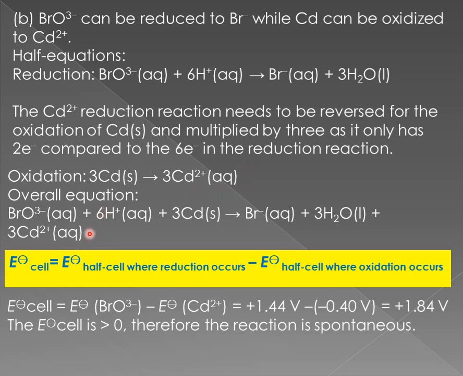Okay, so the overall equation: bromate plus 6H plus plus 3 cadmium give bromide plus 3 water plus 3 cadmium ion. We didn't add electrons on either side, but they are equal, 6 electrons and 6 electrons, so no problem.